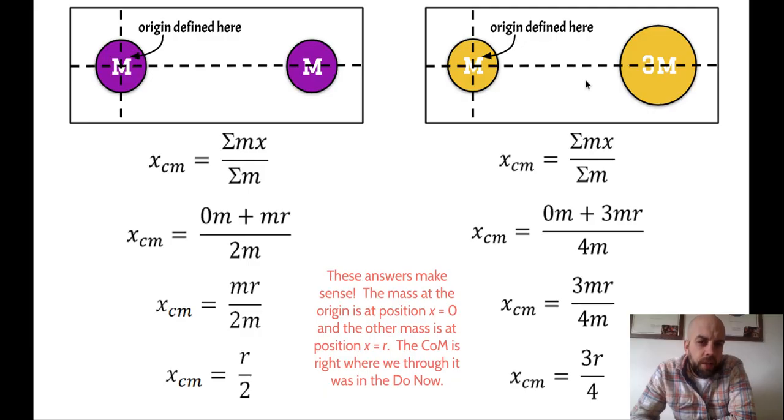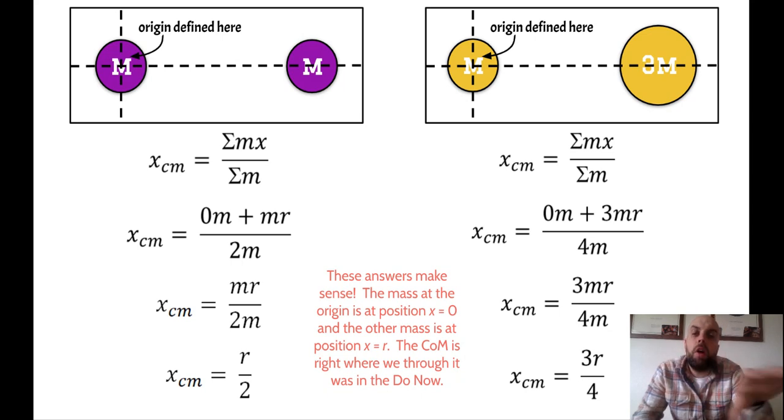In the yellow case, everything's the same except this mass on the right side has a mass of 3m. So the total mass position in this system is 3mr. And the total mass of this system is 4m. If I simplify this one, the position of the center of mass is 3r over 4, which is again where we thought the center of mass was.